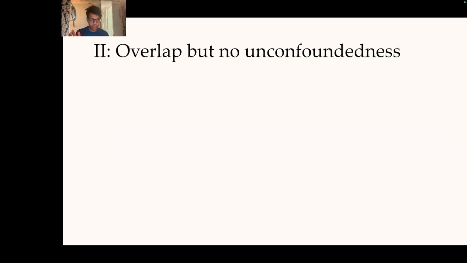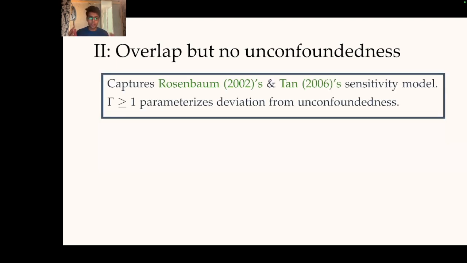With that, let's dive into the second scenario, where overlap is satisfied but unconfoundedness is violated. If you're not familiar with some of this work, all I want you to take away from this slide is that this scenario can capture certain models which are called sensitivity analysis models in the literature. In these models, there's a parameter gamma that parameterizes the distance of an observational study from unconfoundedness.